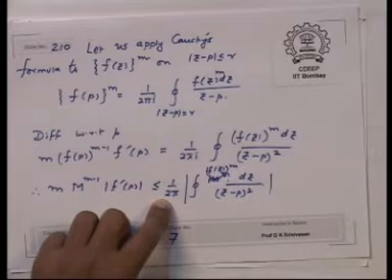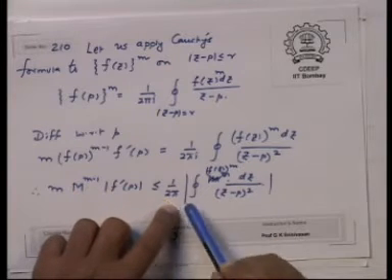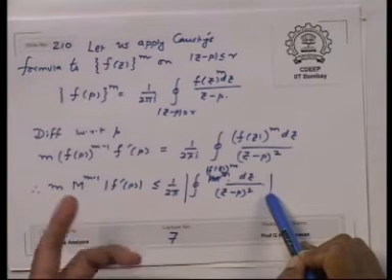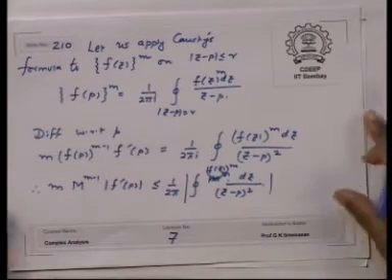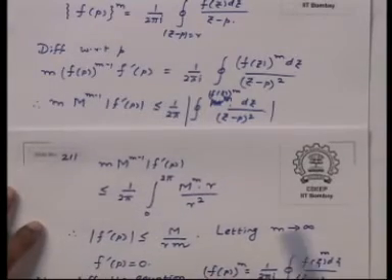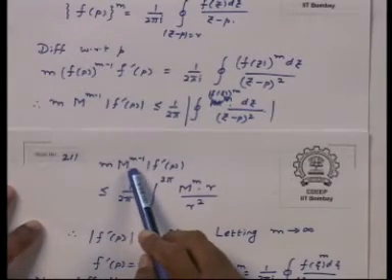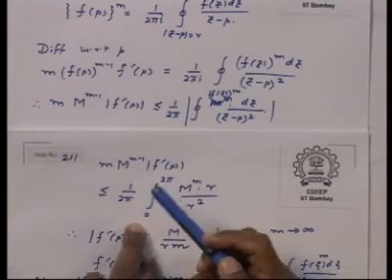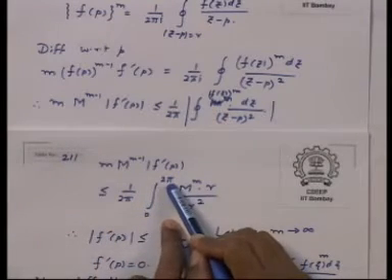You are applying it over a disk. 1 over 2 pi times integral of the modulus. Parameterize the disk. You are going to get m times capital M to the power m minus 1 f prime of p less than or equal to 1 over 2 pi, integral from 0 to 2 pi.